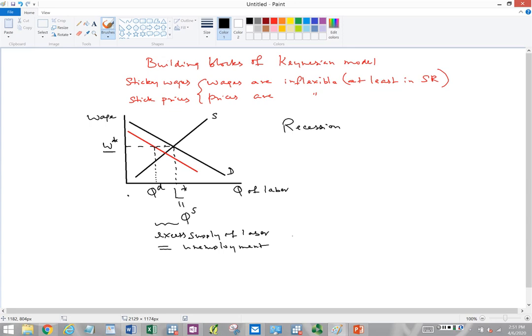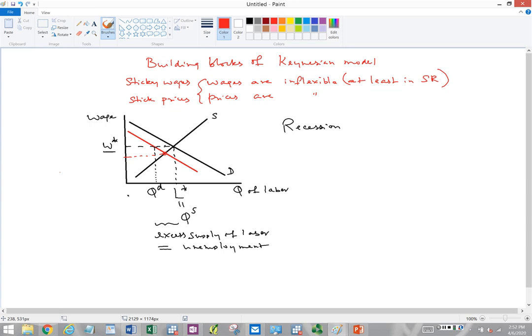Right? And in an economic downturn, why does unemployment climb? Well, it climbs because of this. Now, if wages were flexible and the wage were allowed to fall to its new equilibrium value, you follow me? If the wage were allowed to fall to its new equilibrium value, which is here, then the labor market would once again be in equilibrium and there would be no unemployment.